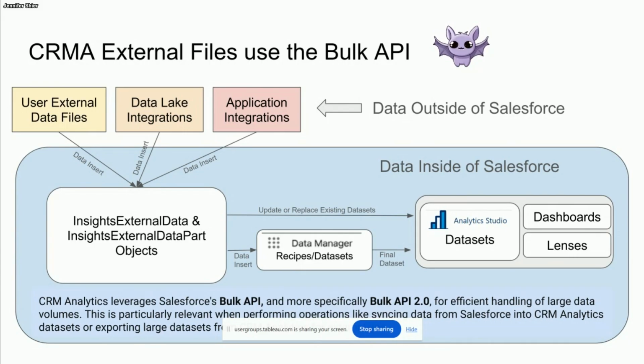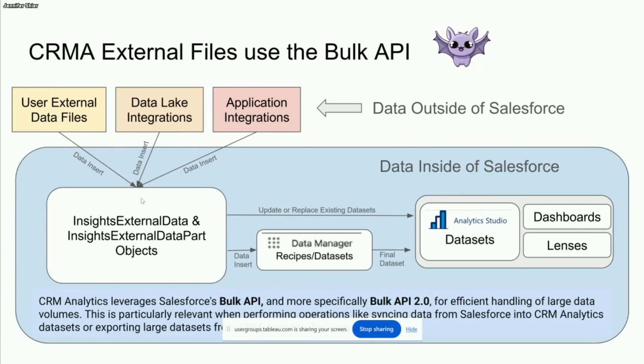I had to go, when I first started working with CRMA, and ask the product team how this works under the hood. The cool part is that you can query this object inside your Salesforce instance, either in Workbench or, for example, if you have Salesforce Inspector, you can query this object and see these data loads coming in.